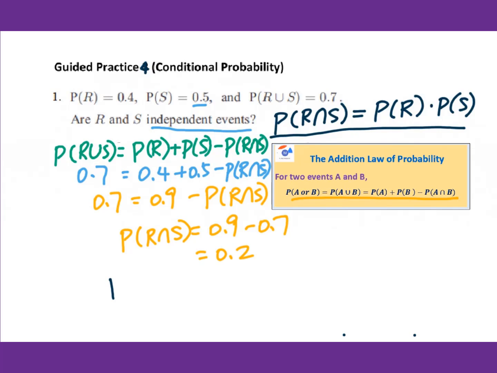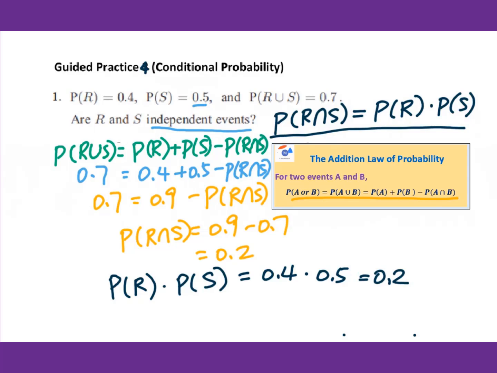Then we work on the probability of R times the probability of S: 0.4 times 0.5 equals 0.2.